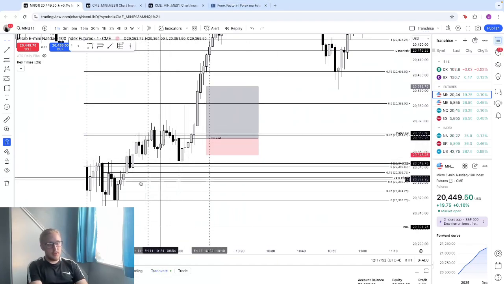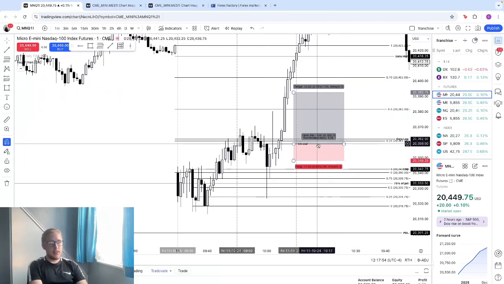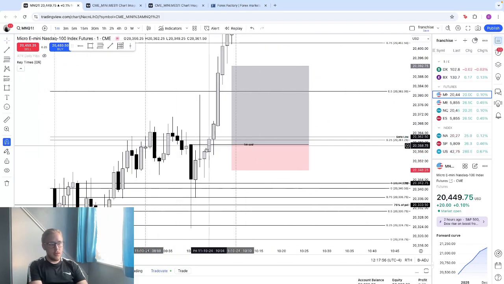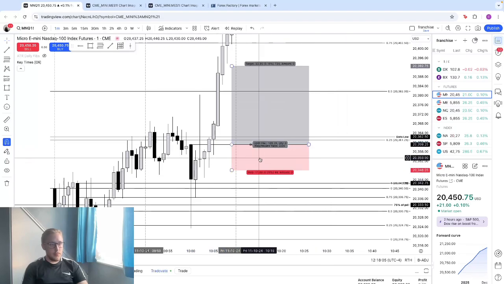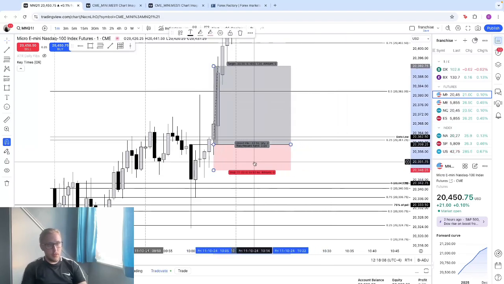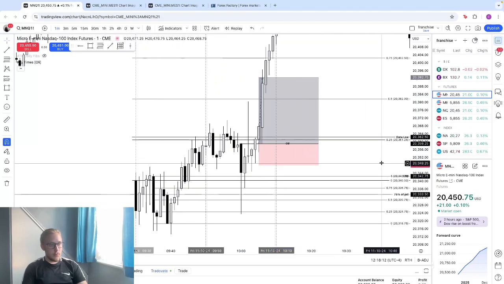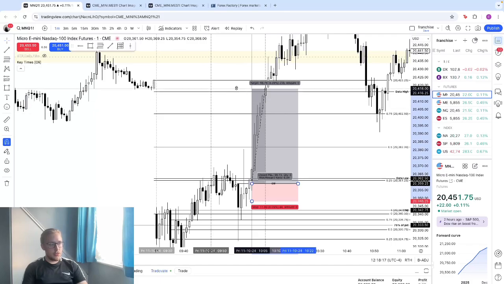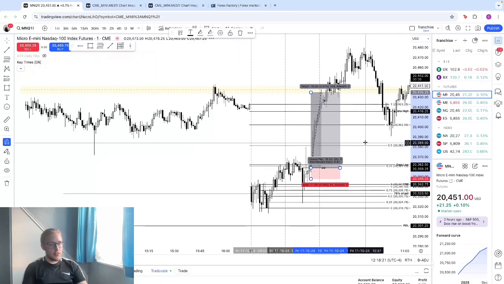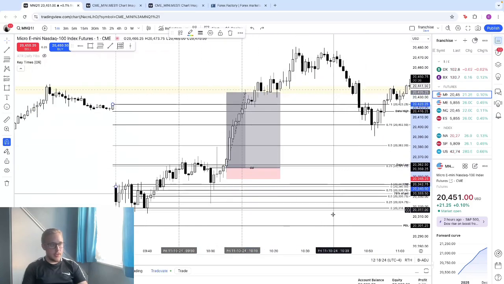So we've tapped into our CSD and then we pushed up. Technically this wouldn't be a CSD anymore. Sort of would, but it would be an order block. And you could target upper quadrant, data high, full, daily opening gap, and you would have been content.